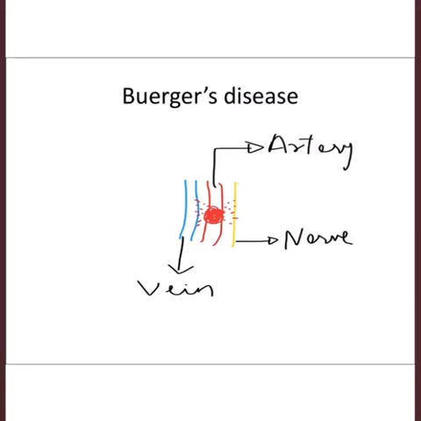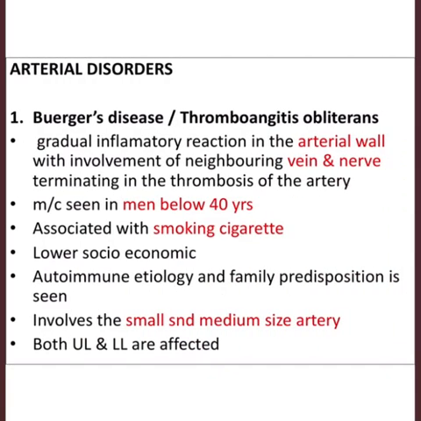Buerger's disease. Buerger's disease is an arterial disease. It's known as thromboangiitis obliterans. Thrombo means a clot, angiitis means inflammation of the artery, obliterans means obliteration of the artery because of thrombus. It's a gradual inflammatory reaction in the arterial wall with involvement of the neighboring veins and nerves, terminating in thrombus of the artery.